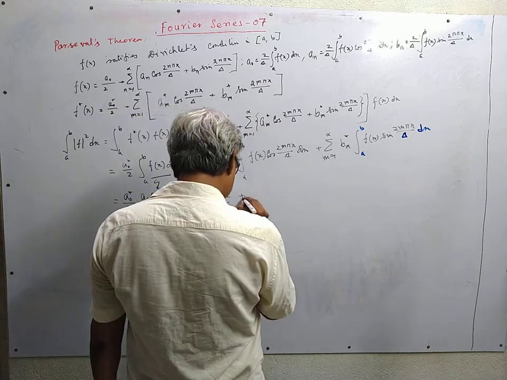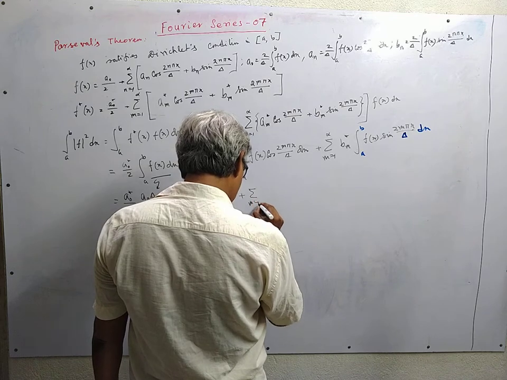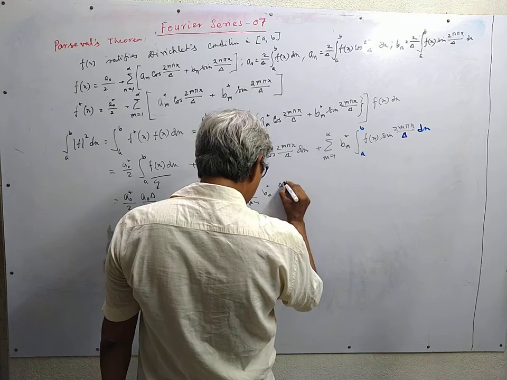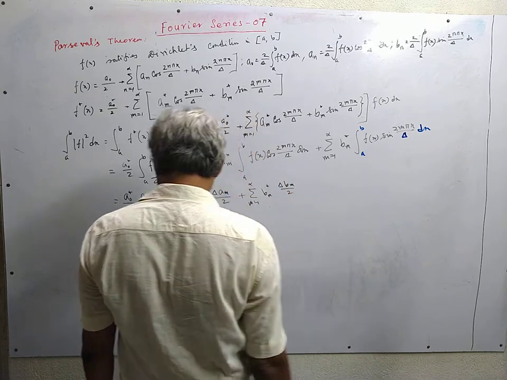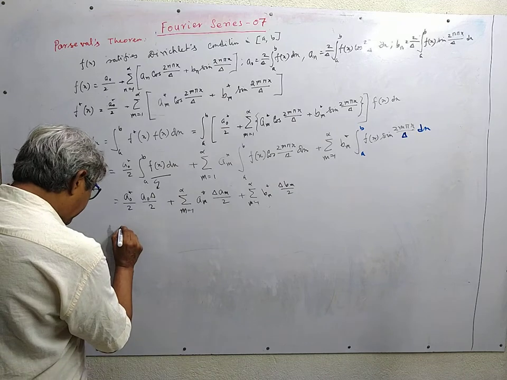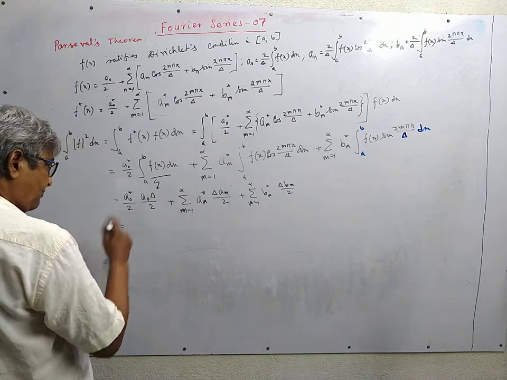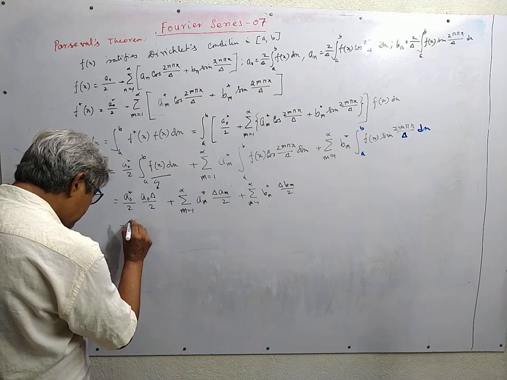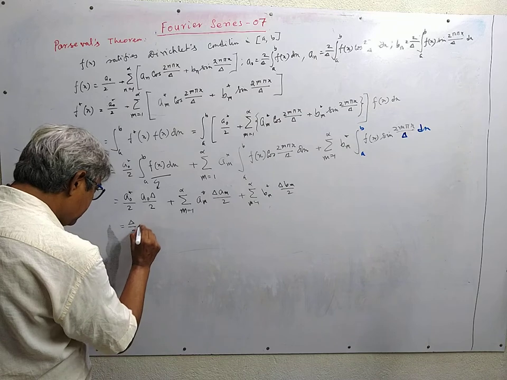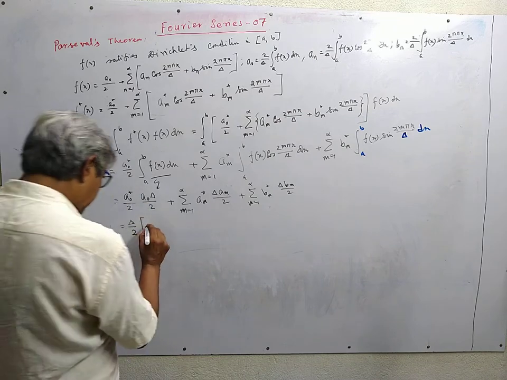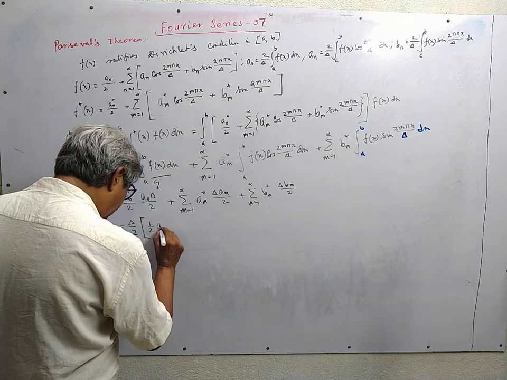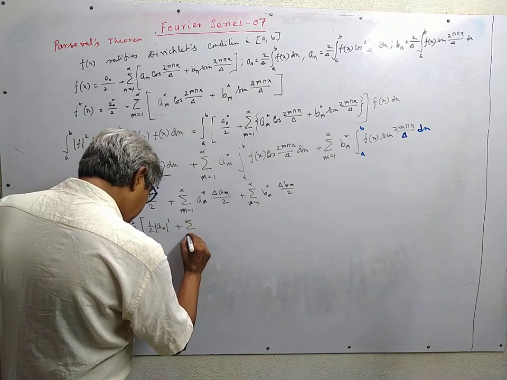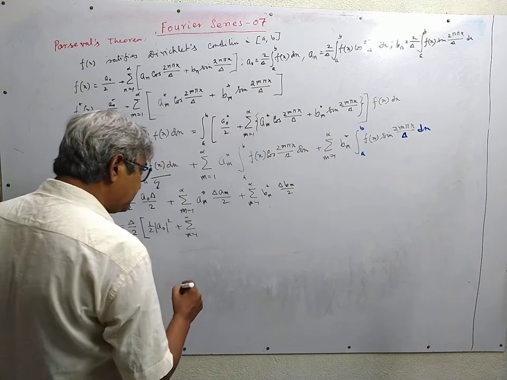And similarly for the second term it is m sum 1 to infinity bm star delta bm by 2. So if we take delta by 2 out, this part is half a0 modulus square plus summation over m is equal to 1 to infinity.